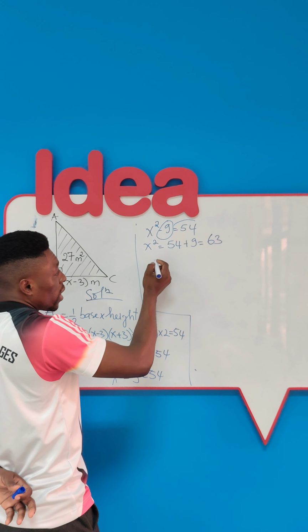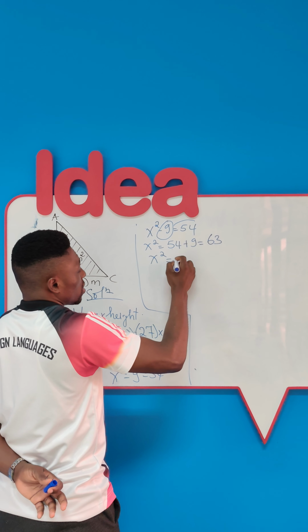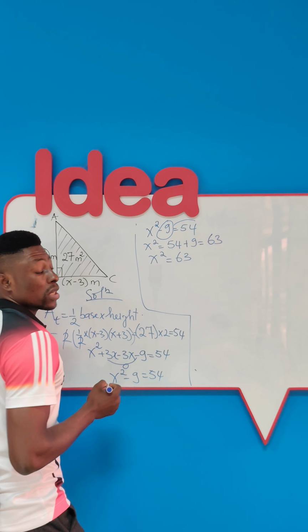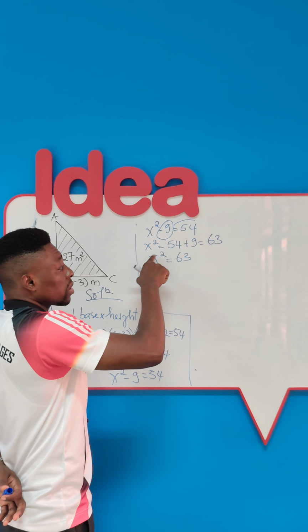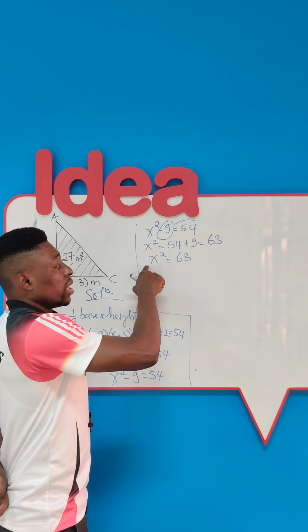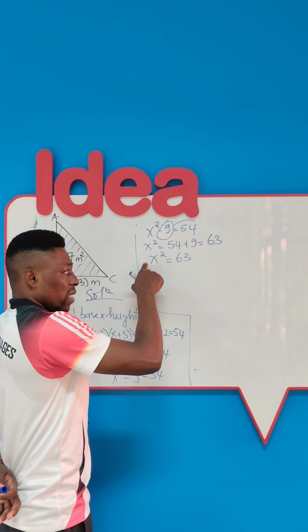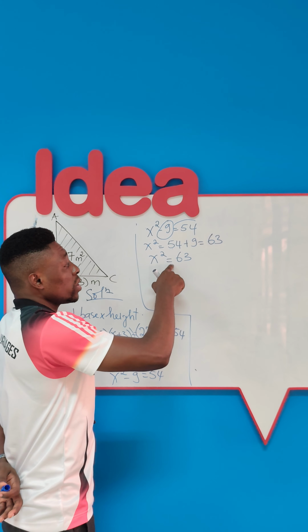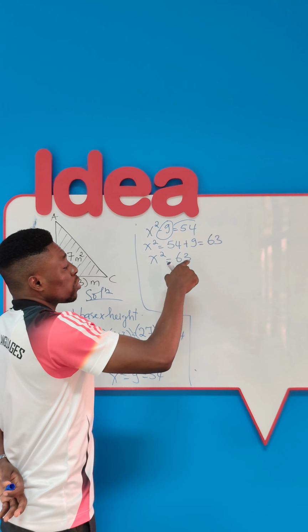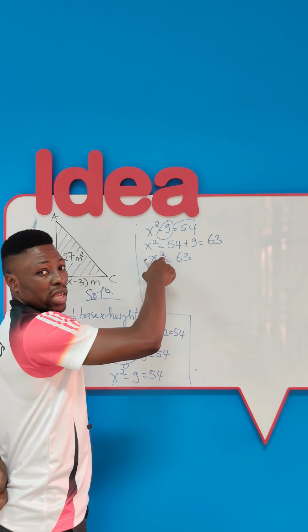At this point, many candidates will say, all right, I'll just divide both sides by 2, which is wrong, because in this case, 2 here is not a coefficient. It's neither just a factor. 2 here is an index. So what we have to do is to raise both sides of the equation by the reciprocal of this index.